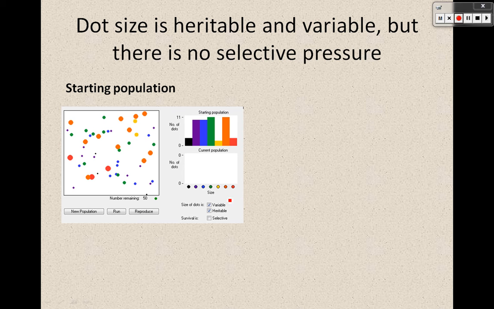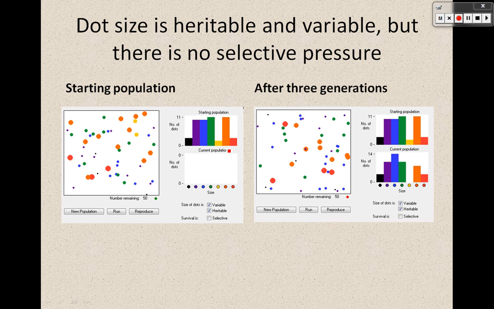So this was my starting population, and again, notice it's random. We have a completely different distribution than we had before. And after 3 generations, this was my ending population. So you'll notice there is no more yellow. That has died out given the amount we started with, and that yellow is a relatively large dot.